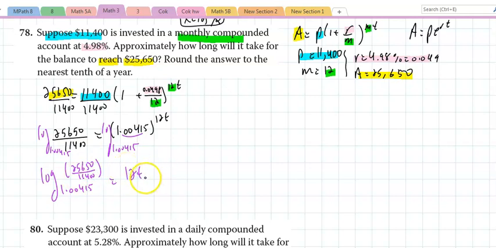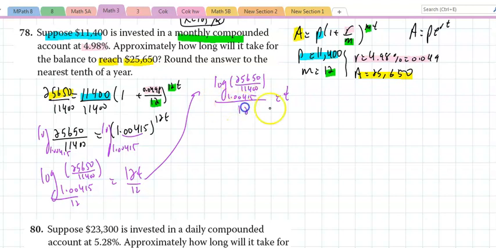How do you get t by itself? Don't you divide both sides by 12? And you'll say t equal log of 25,650 divided by 11,400 base 1.00415, divided by 12.